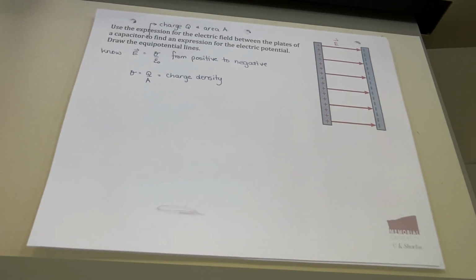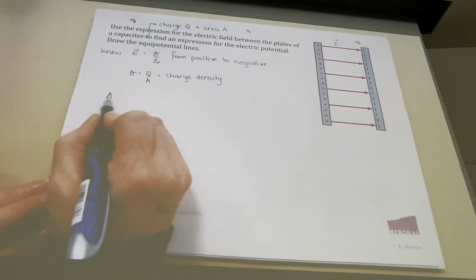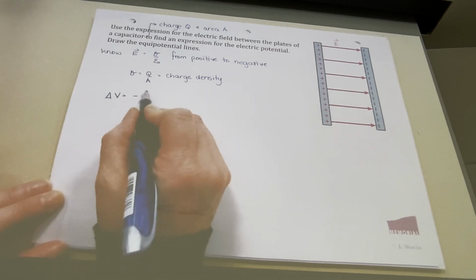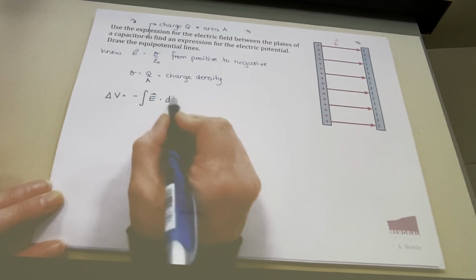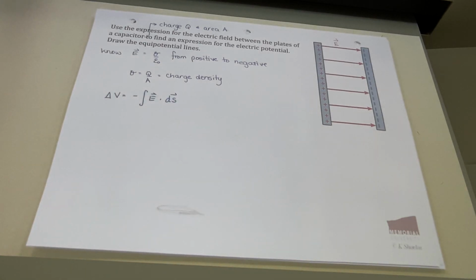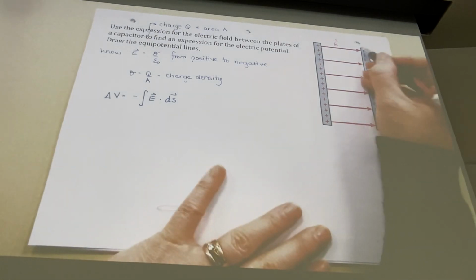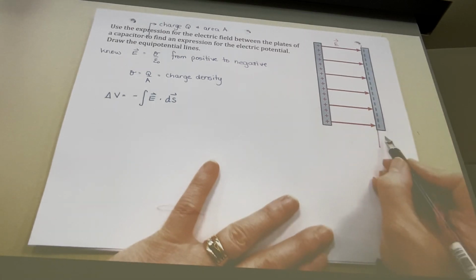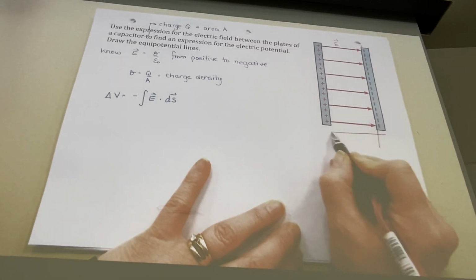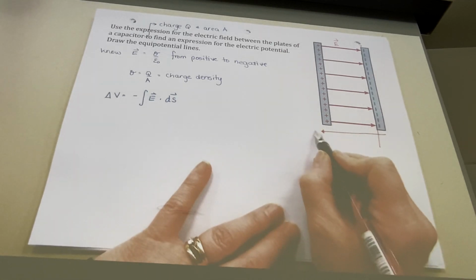Next, let's talk about how we're going to find the electric potential. Our electric potential, delta V, is the negative of the integral of the electric field with respect to the path, ds. So let's think about our path ds. When we're talking about a capacitor, it's typical to put our coordinate system so that our origin is lined up with the negative plate, and our coordinate s goes from the negative towards the positive.